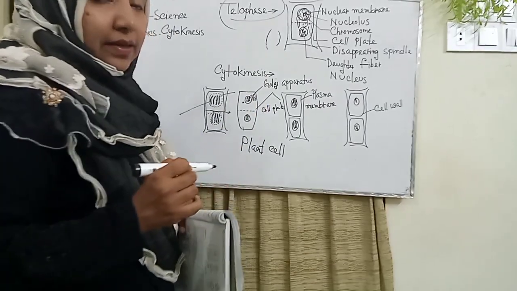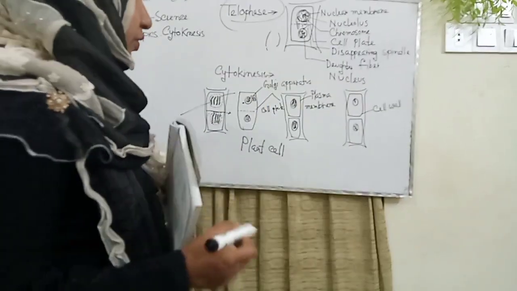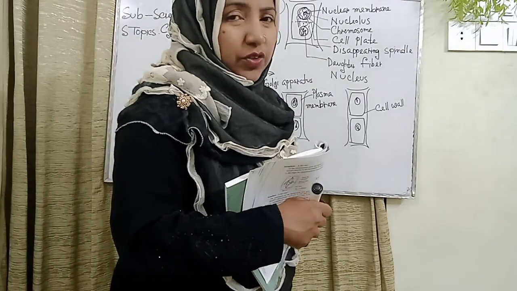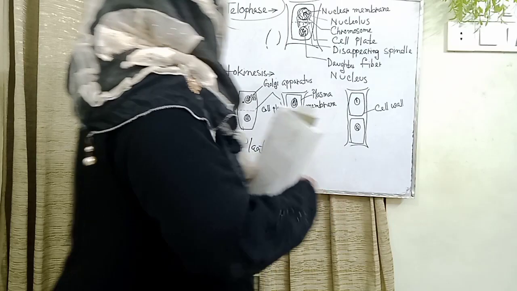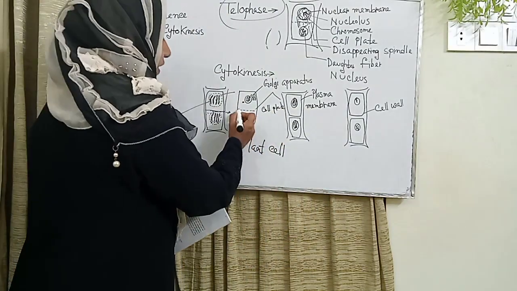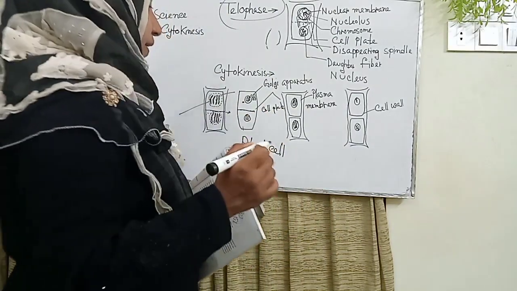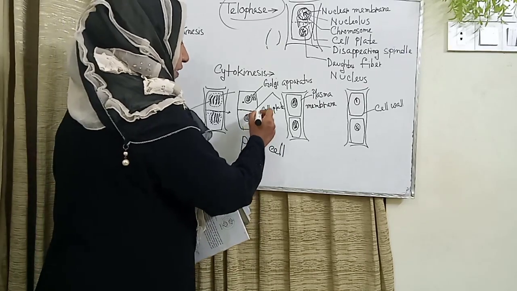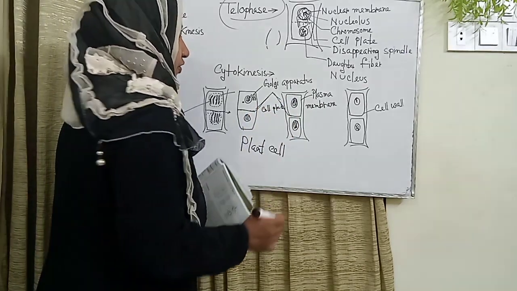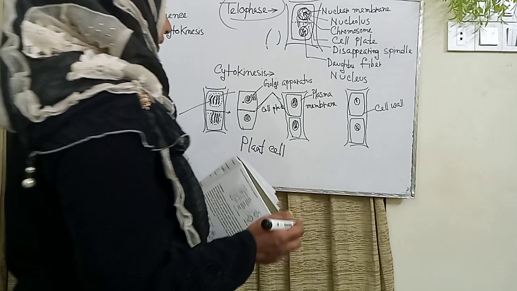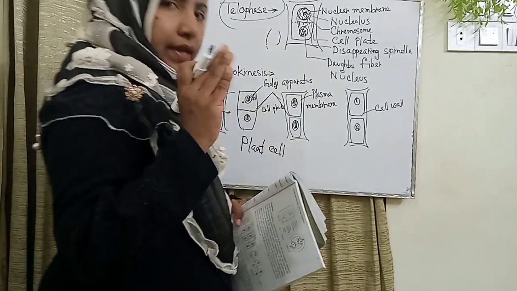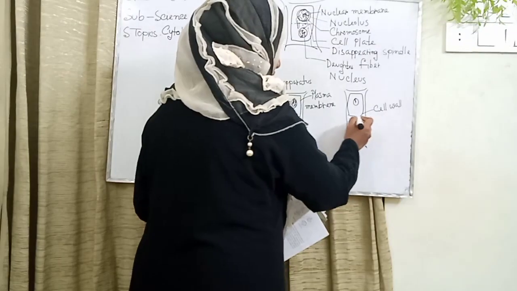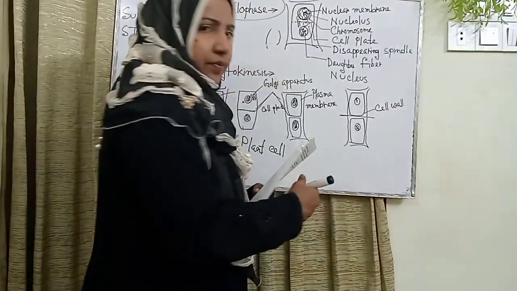The cell membrane and the Golgi body are other categories of the cytological structure. Please everyone see this figure, and this is also the cell plate. The third structure is the plasma membrane, and finally it is divided into two categories.